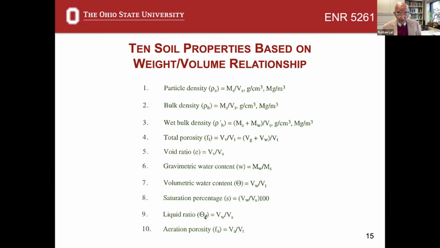Then we have wet bulk density when you add, to the mass of solid, also the mass of water. So mass of solid plus mass of water divided by the total volume is wet bulk density. Now these three relations are very critical to understand, because most of the time we see how the bulk density changes. Particle density does not change.